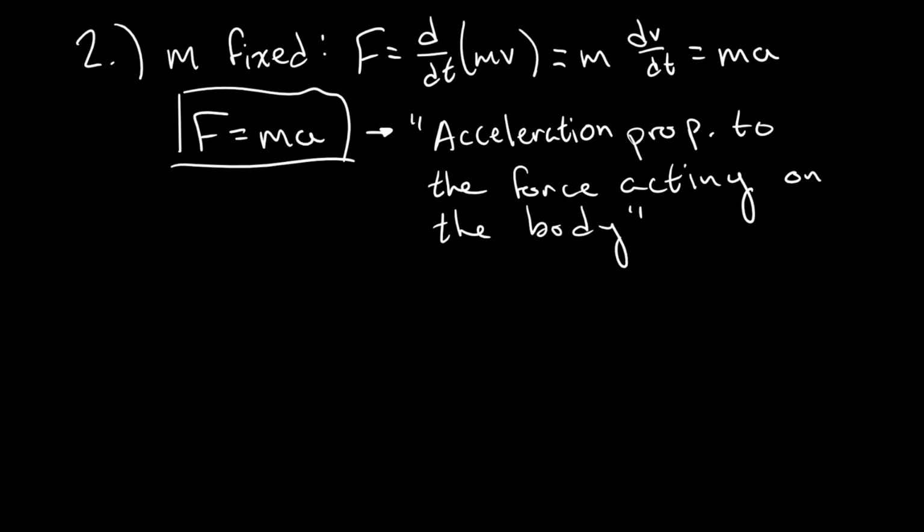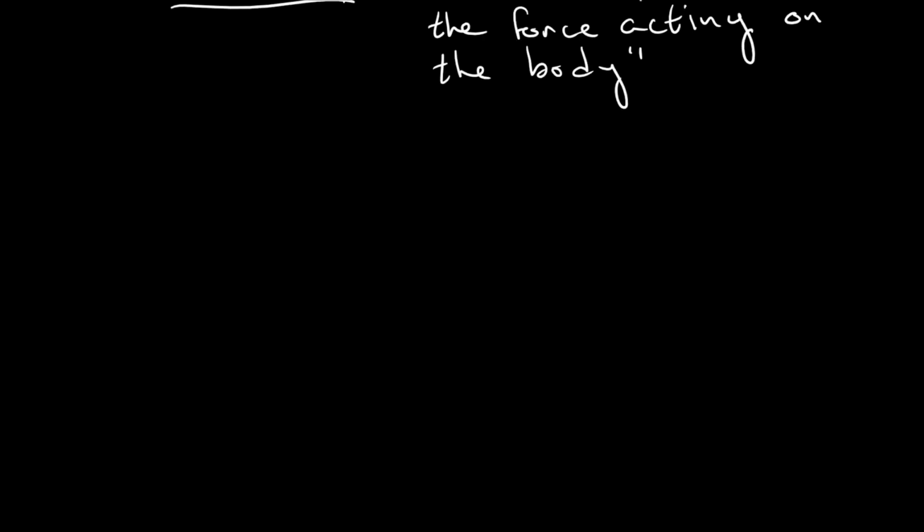Okay, so let's think of an example of how we might be able to make this useful to us. So remember what I said earlier about how we can't necessarily determine accelerations for any object. So how do we do that for forces? Well, there's actually a really nice way of doing this. So consider a spring.